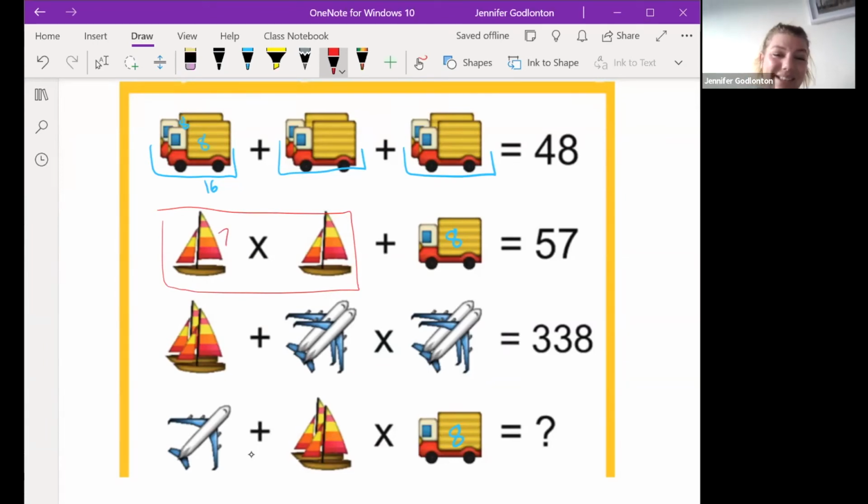Okay, so 7 times 7 is 49, and 49 plus 8 gives us 57. But here we've got 2 ships, which means it's going to be 14. And this one down here is going to be 14 because there are 2 ships. So now the last thing we have to figure out is our airplane.